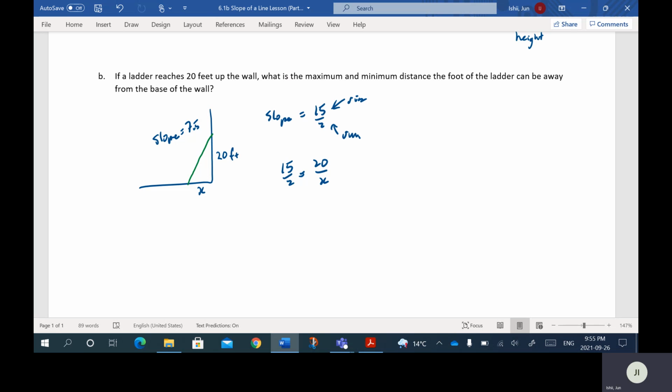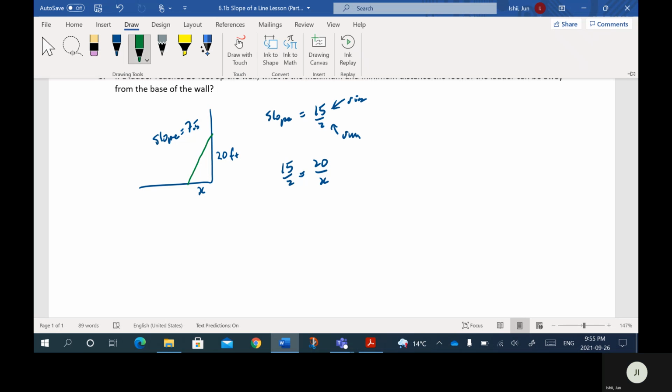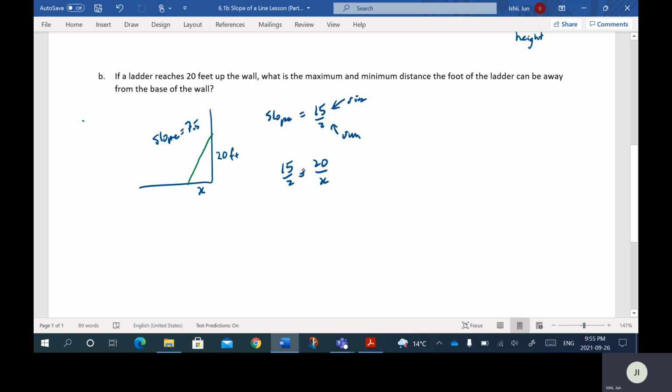Right, and I want to solve for x. In order to do that, cross multiply here. So I get 15 times x equals 2 times 20. All right, so 15x equals 40.